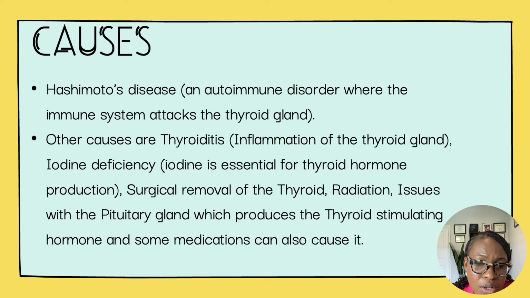Iodine deficiency can also cause this because iodine is an element that is essential for thyroid hormone production. Another thing that can cause this is surgical removal of the thyroid, radiation for any reason, and any issues with the pituitary gland, because that produces the thyroid stimulating hormone.